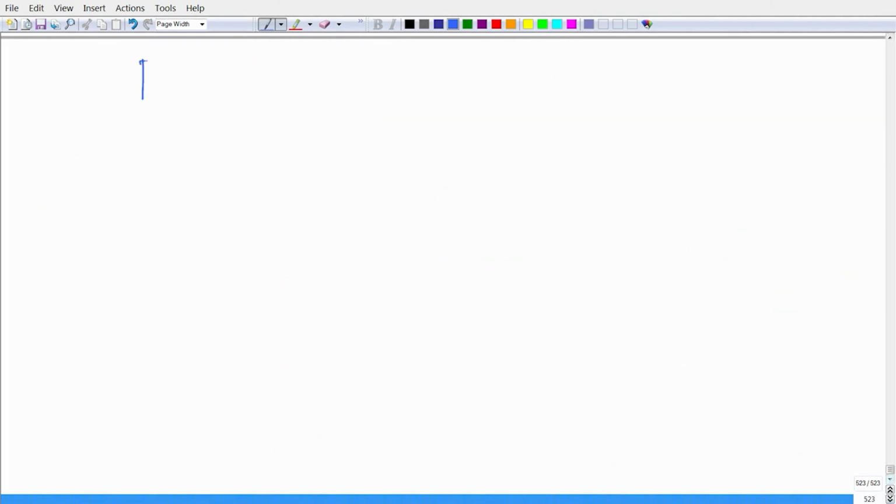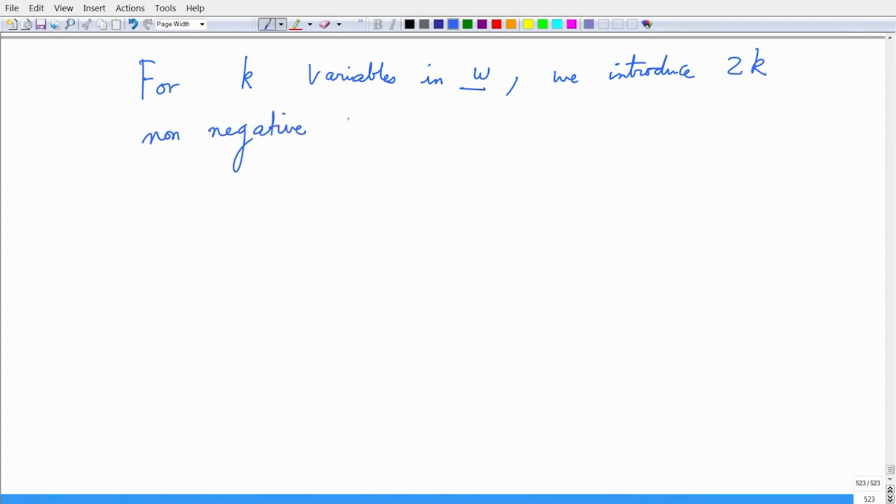Now, you can imagine for k variables in the weight vector W, we introduce 2k non-negative variables. And therefore, in some sense we bring in degeneracy in the number of constraints, right.